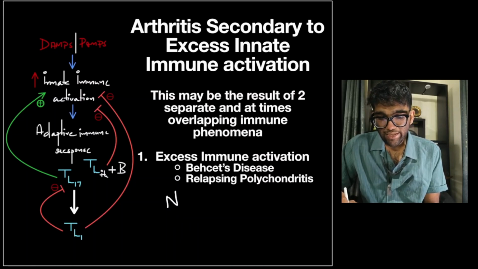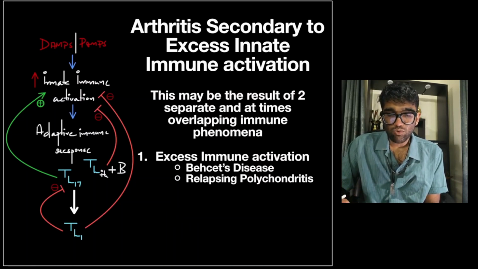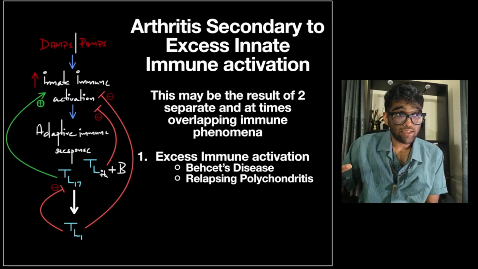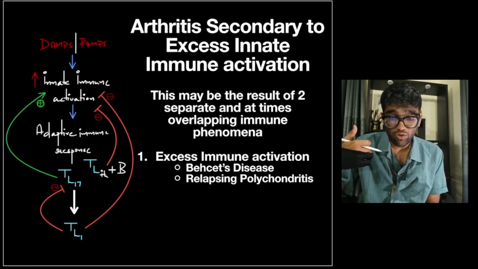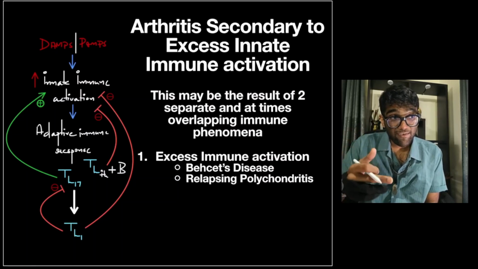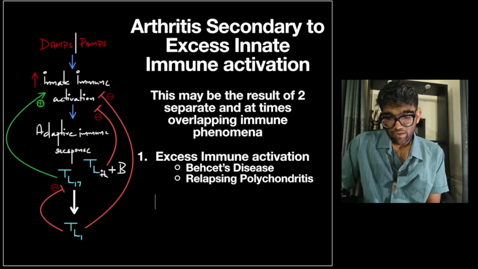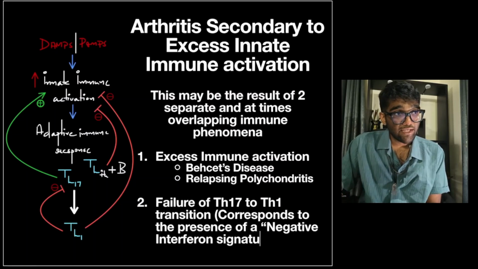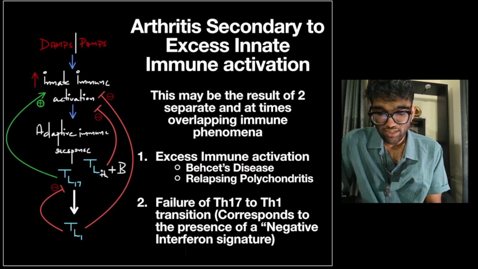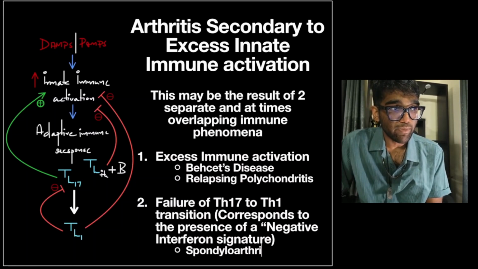Similarly, this would also be the case in those parts of the musculoskeletal system that are exposed to the maximum wear and tear. But unlike what we saw with osteoarthritis, this would be chronic inflammatory arthritis. That would be failure of Th17 to Th1 polarization, corresponding to what we discussed previously as a negative interferon signature, and that is obviously your spondyloarthritis spectrum of disorders.